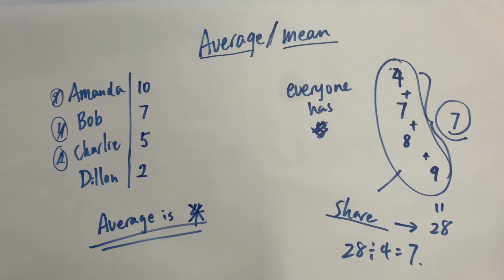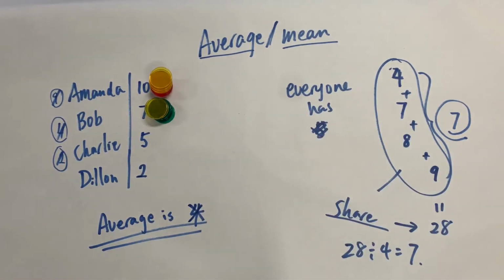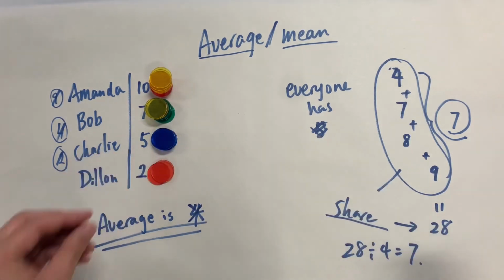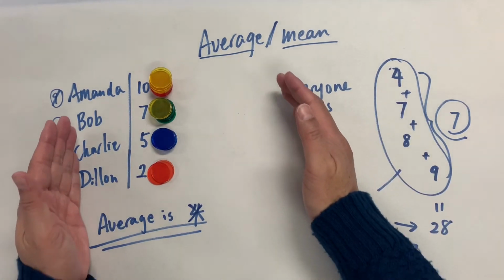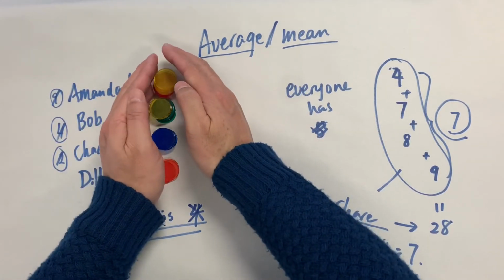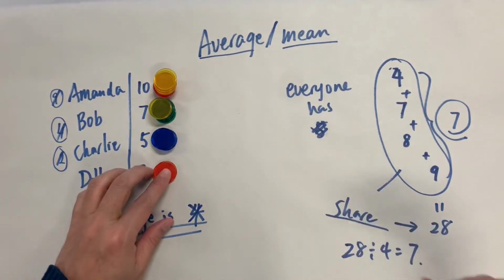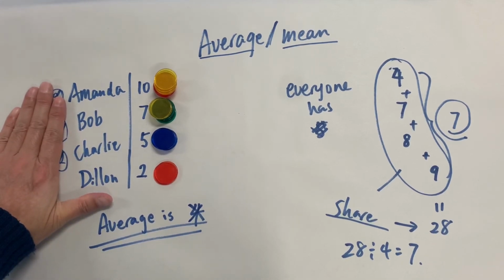Now Amanda has 10, Bob has 7, Charlie has 5, and Dylan has 2 marbles, right? What we want to do is we're going to put these all together. Then we're going to share all the marbles among these 4 people. We can do that.